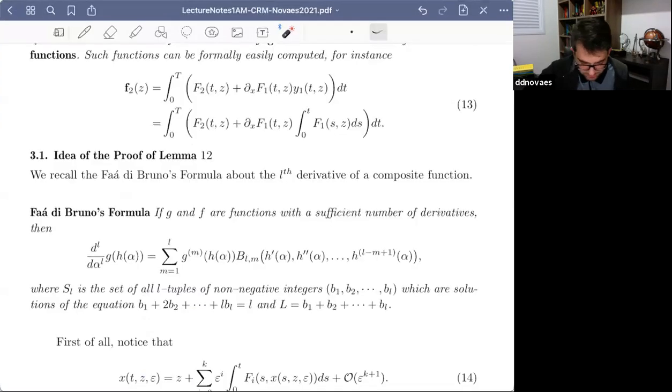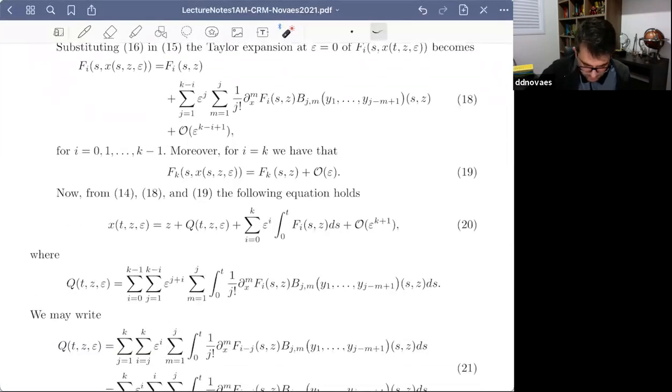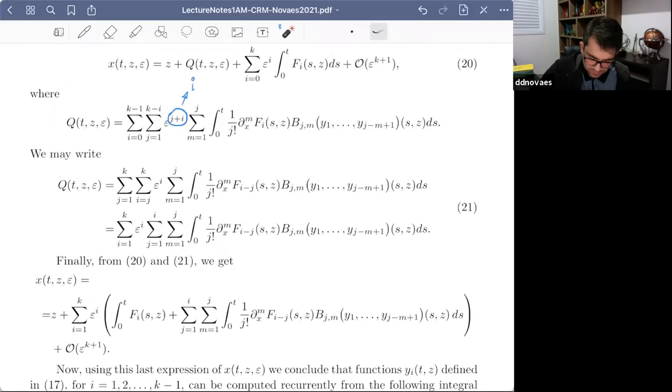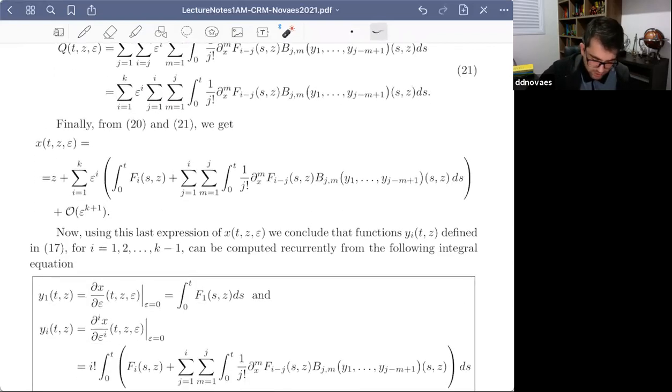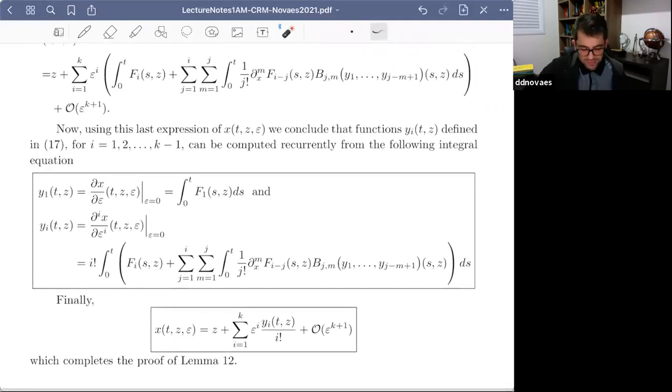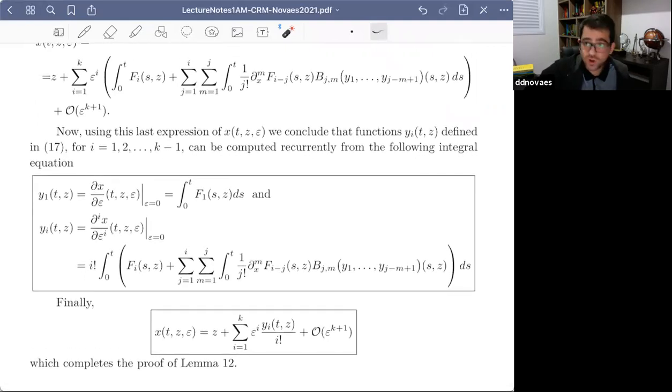Then we obtain epsilon to the power j plus 1. Then we have just to call this exponent i. We made a change of index in those sums, and doing the manipulations, we obtain our recursive formula for the functions y_i's. Okay? And this completes the proof of lemma 12.